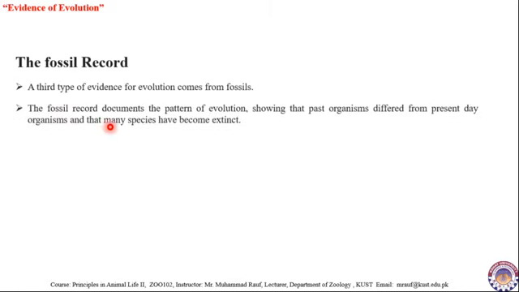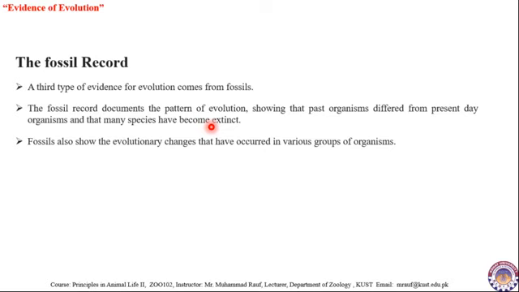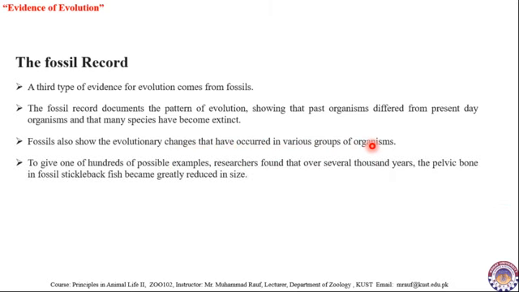Fossil record documents the pattern of evolution, showing the past organisms differed from present-day organisms and that many species have become extinct. Fossils also show the evolutionary changes that have occurred in various groups of organisms.